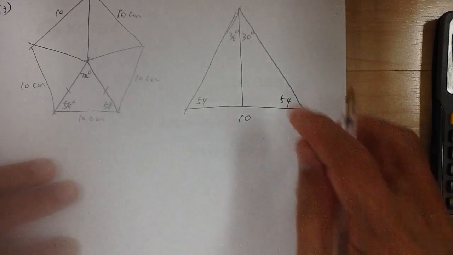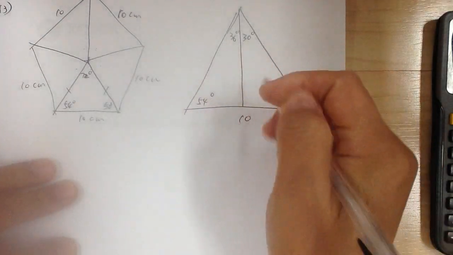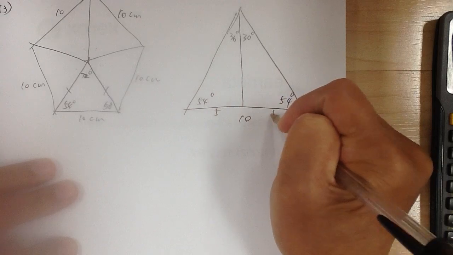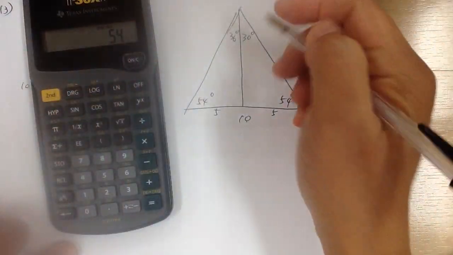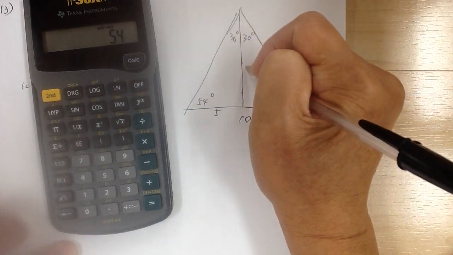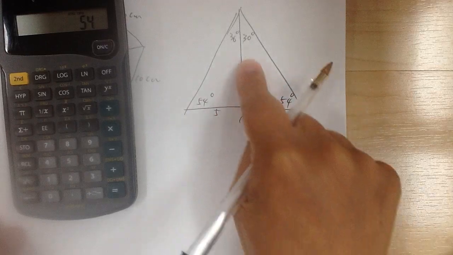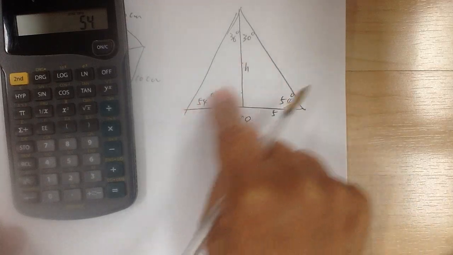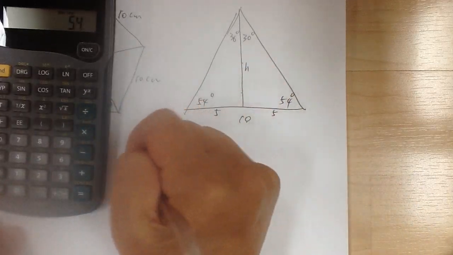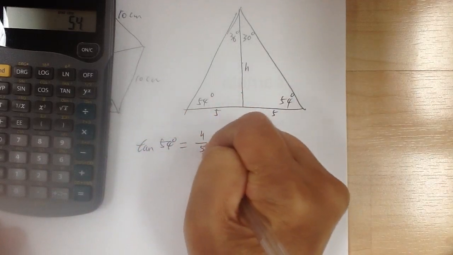Okay. So from here we can find the height. Okay, because if this is 10, this would be a 5, this would be a 5, right? So the height, I'm going to call this h. So the relationship between these would be the tangent. So tangent of 54 degrees equal to h over 5.